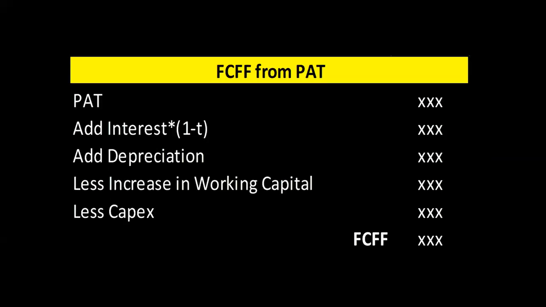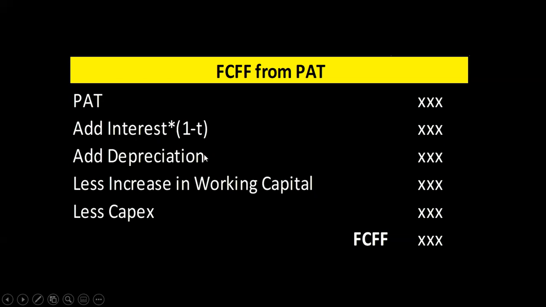Similarly, we can also calculate from PAT or net income. FCFF from PAT is equal to PAT, and you make an adjustment for interest, because the PAT is after interest. So we add back interest, and once you add back interest, you also have to adjust for the tax benefits of interest. So this is adjusted interest, which is I into (1 minus T).